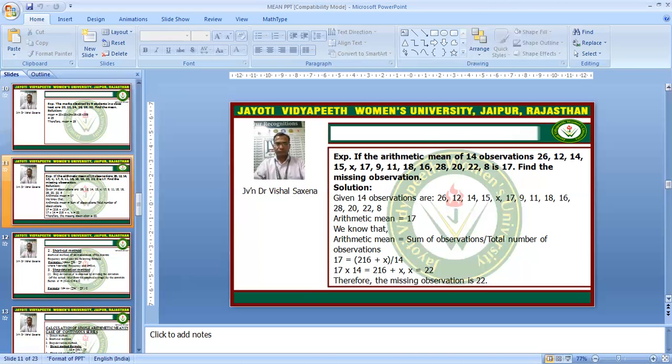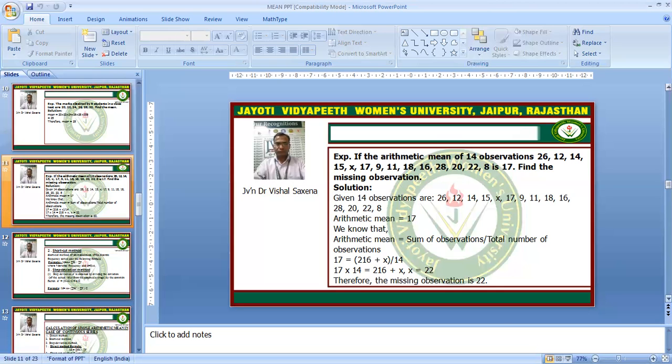So these are the 14 observations, and we are also given the arithmetic mean value, 17. We have to find the value x. So we have to apply the formula of the arithmetic mean, which is the sum of observations divided by the total number of data.